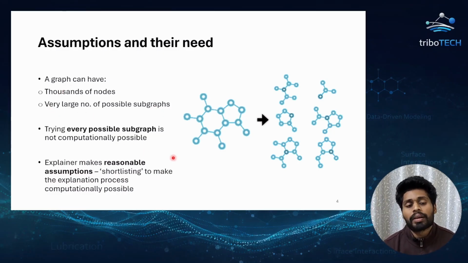So the problem before explainers in this case is that trying every possible subgraph to check whether it is important or not, by inputting it in the GNN model and checking the influence on predictions, is actually not computationally possible. So an explainer basically makes assumptions to ease this process. You can think of these as shortlisting criteria, right? That makes the process computationally more efficient.